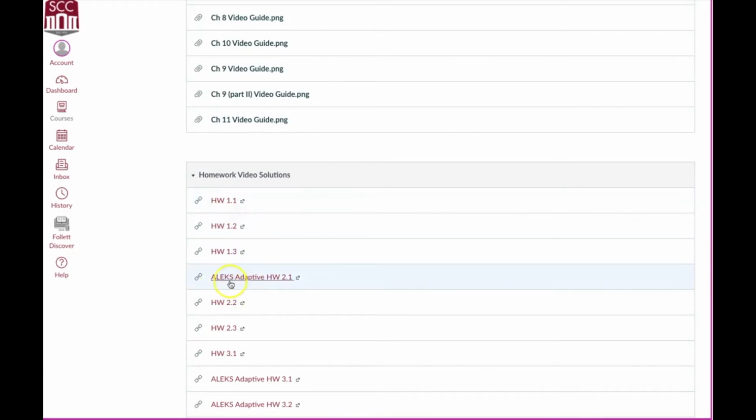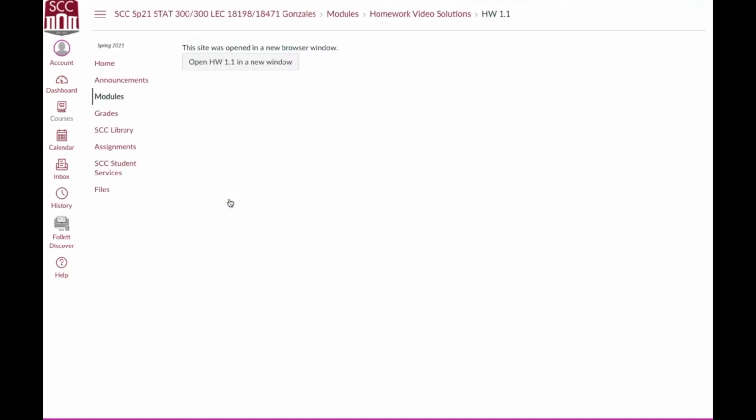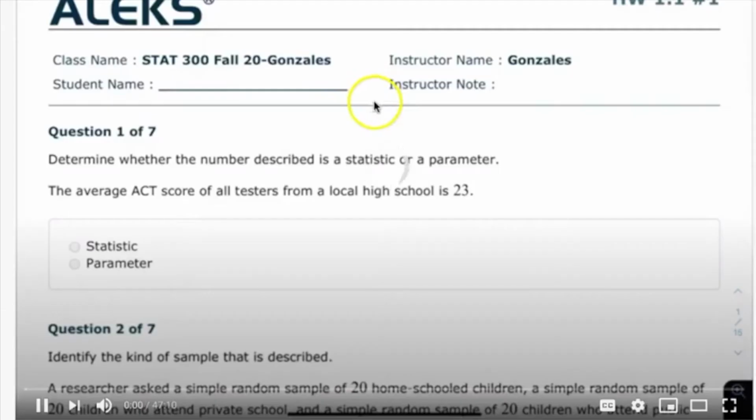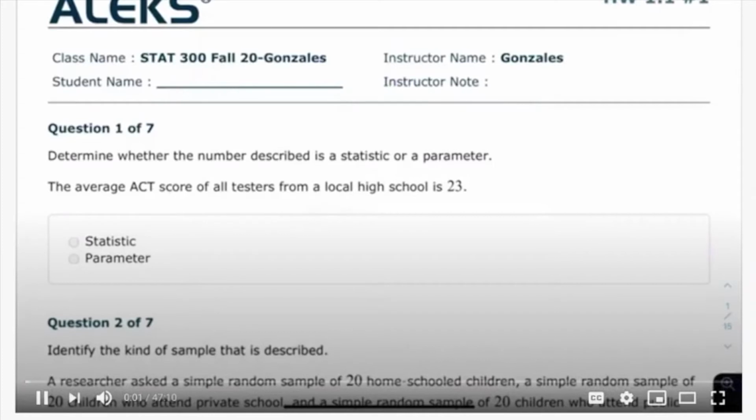And then I've got these ALEKS adaptive problems, and I'm going to show you the difference between the two in ALEKS. But I've done all of them. So if you have any questions at all, you just click on this little guy and open this up. And then we have me doing some problems over here.